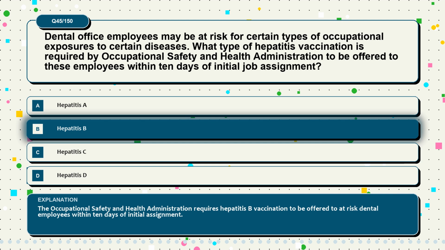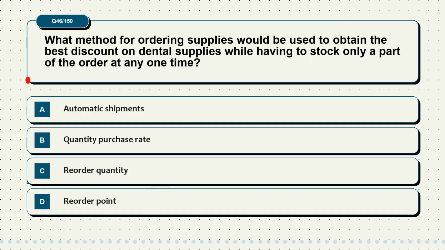Question 46. What method for ordering supplies would be used to obtain the best discount on dental supplies while having to stock only a part of the order at any one time? Here are the options. Option A, automatic shipments. Option B, quantity purchase rate.